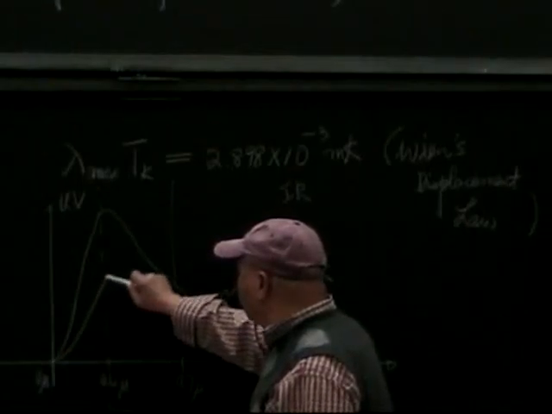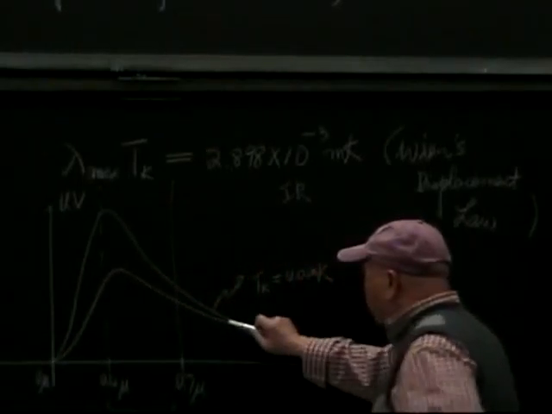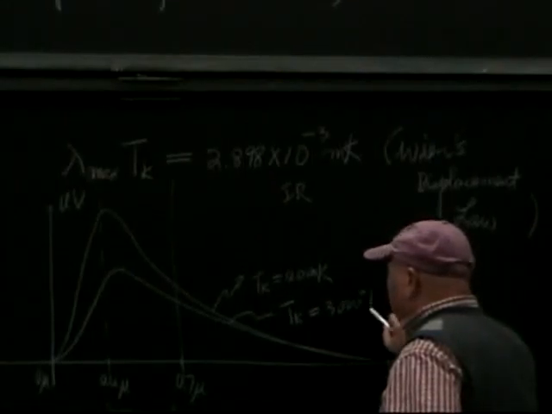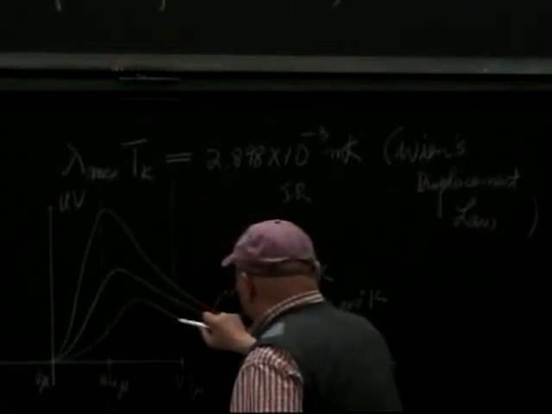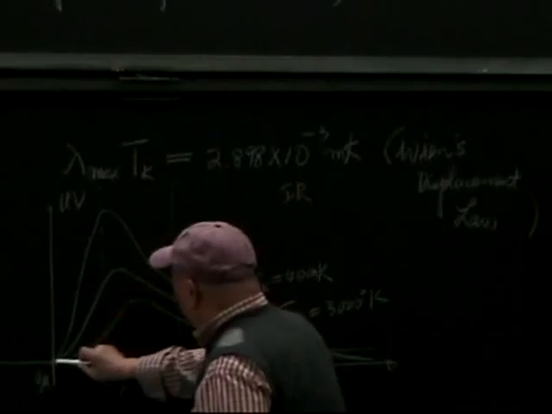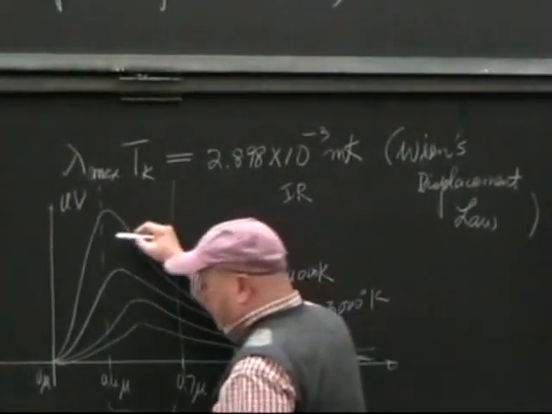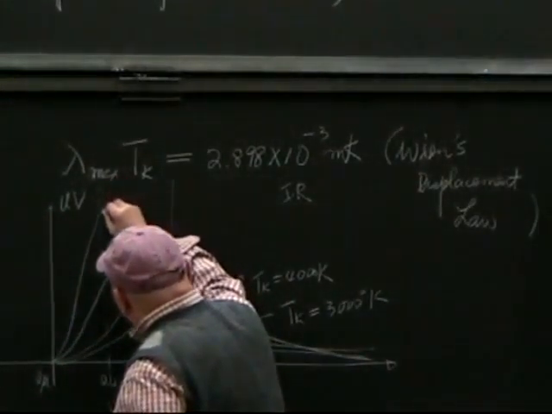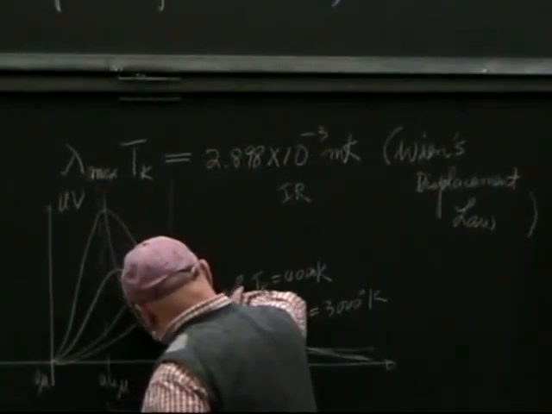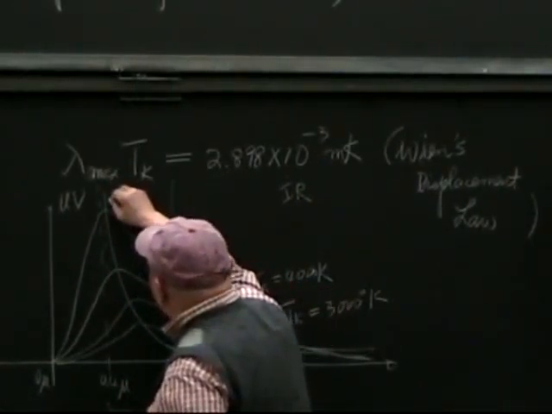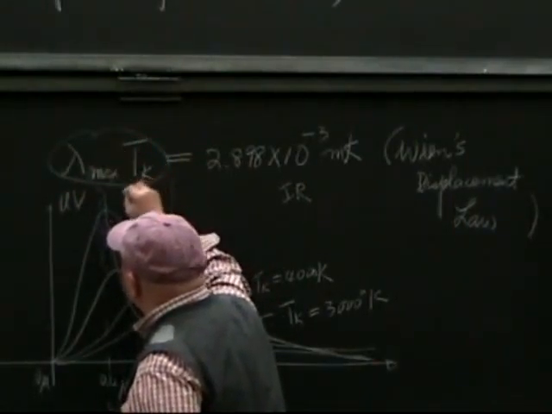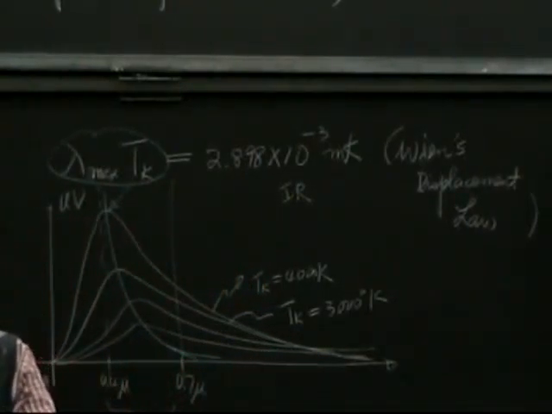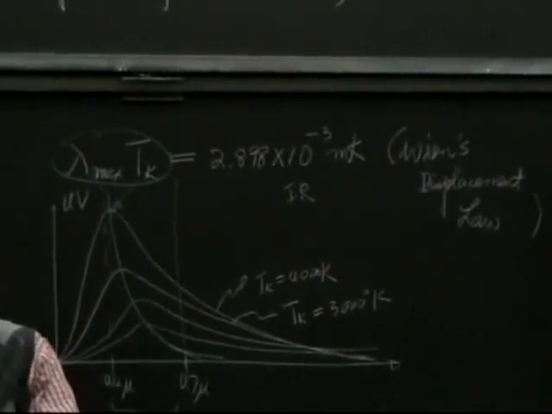The lower the color temperature, like 3,000 degrees Kelvin, the more you shift to infrared, gradually, obeying Wien's displacement law. This is a peak wavelength, and this blue line satisfies this equation: lambda maximum times T K is equal to a constant.